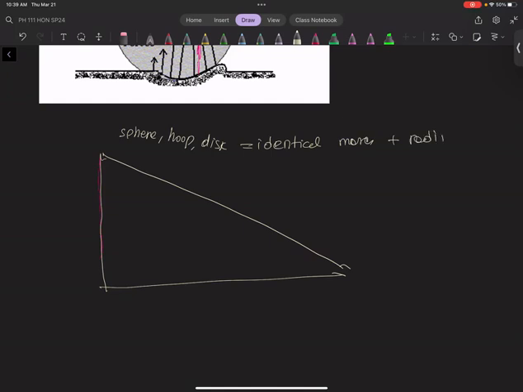So I want you to imagine that at the top of an inclined plane, you have a sphere, a hoop, which is like a cylinder, if you will, and a disk.